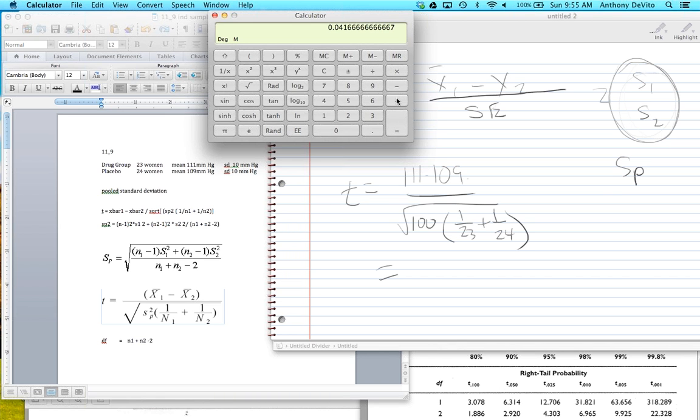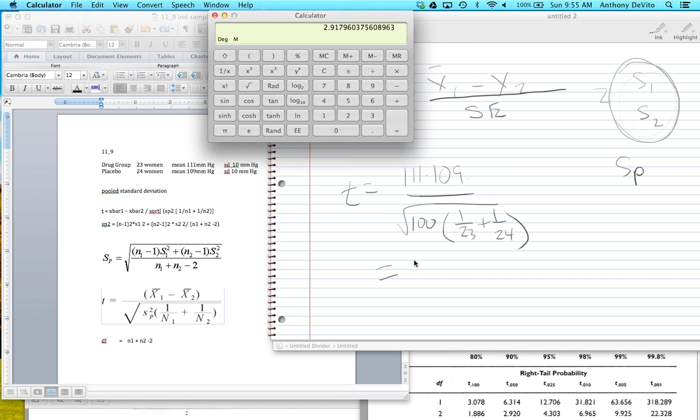I'm going to add those two together, times 100. Yeah, I screwed things up a little bit there. Okay, comes out to that. And I'm going to find the square root of that number. Square root of that number is approximately 3.